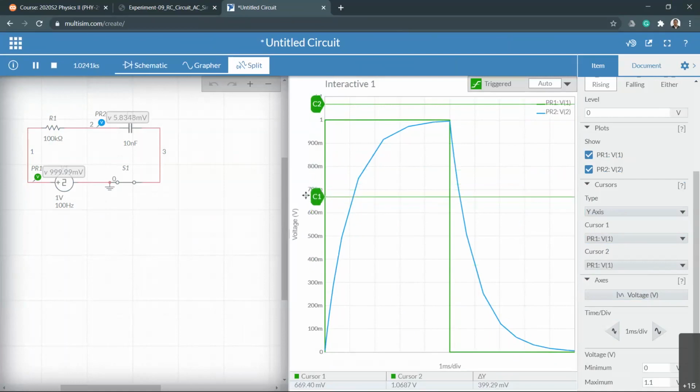When you move this cursor, you can identify exactly 63 percentage. That is about 630 milli, right? So you have to get cursor number 1, read here, okay? 630 millivolt. And whenever it crosses here, you have to find what your x-axis coordinate is there. If you get the x-axis coordinate here, then that is actually what we're looking for. Make sense? Following?